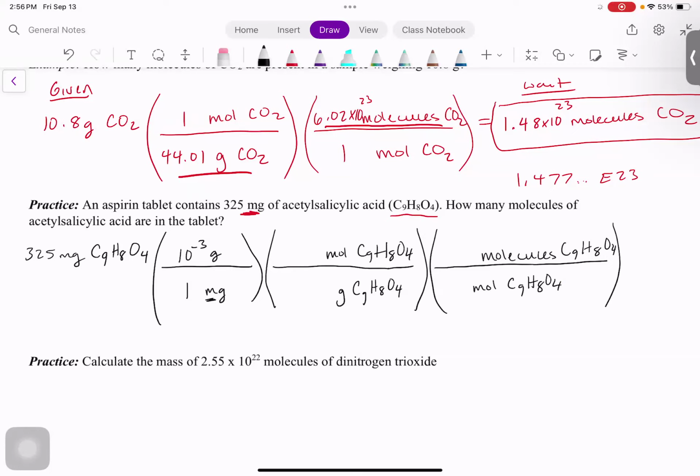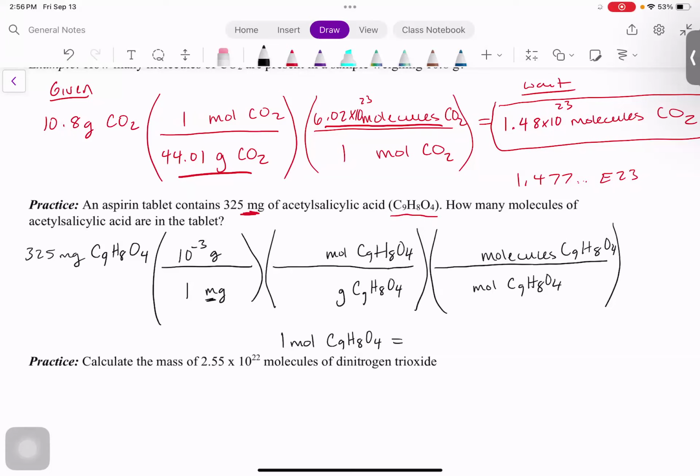So we are going to refer to the periodic table to determine that 1 mole of C9H8O4 has a molar mass of, we're going to add this all up, so 12.01 times 9 plus 1.01 times 8 plus 16.0 times 4.